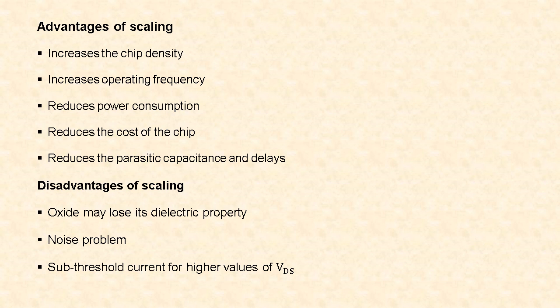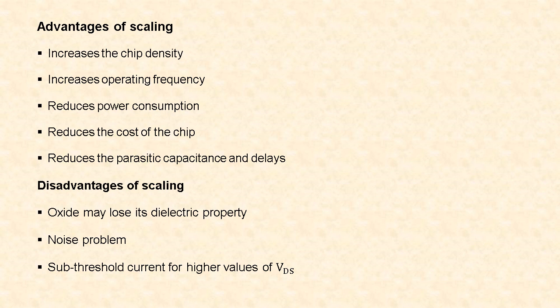Next, let us see the disadvantages of scaling. On scaling oxide thickness, eventually a stage will reach when oxide will lose its dielectric property. Next, scaling process inevitably results in noise problem which degrades the reliability of high density chip. Next, for smaller device, in addition to VGS voltage, VDS voltage also has greater influence on the carrier flow in the channel.